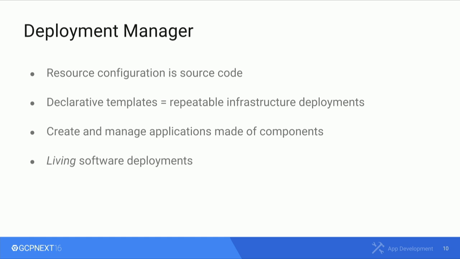All of these things put together with these templates and the command line integration allows you to think at a much higher level of abstraction. And in fact, as we'll show you today, you can start describing parts of your architecture as components and start consuming those components with higher level building blocks. All of this put together gives you what we call living software deployments. And so I'm going to turn over to Vile, who's going to show us Deployment Manager in action.